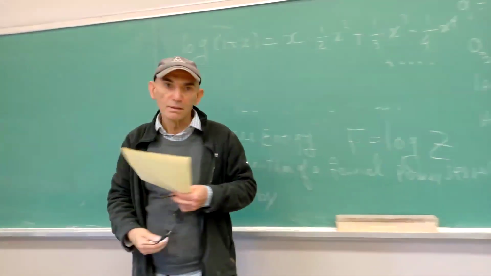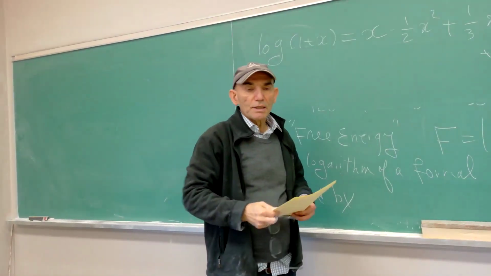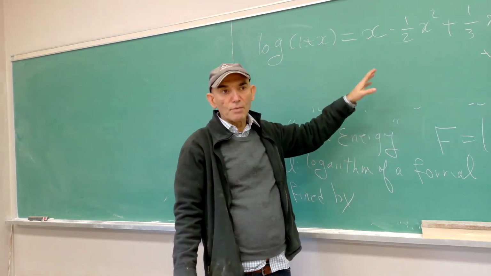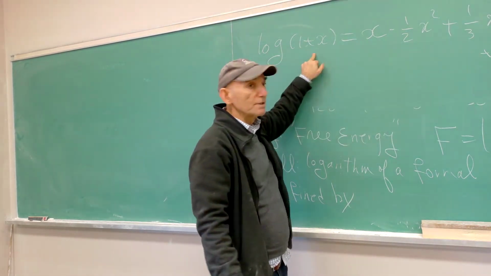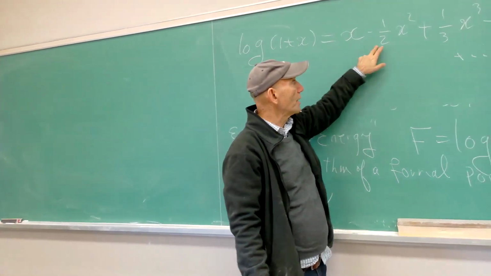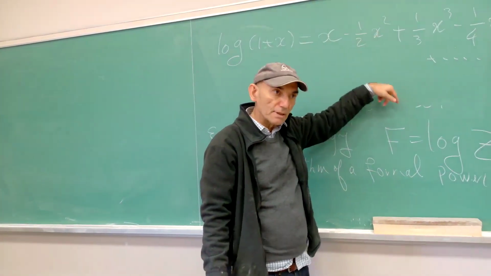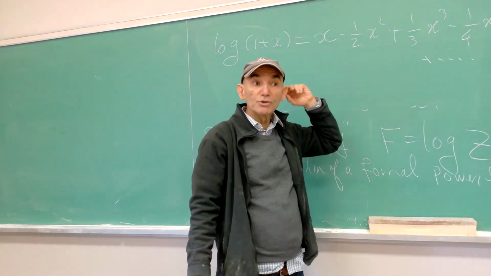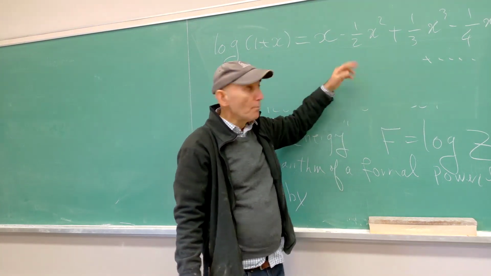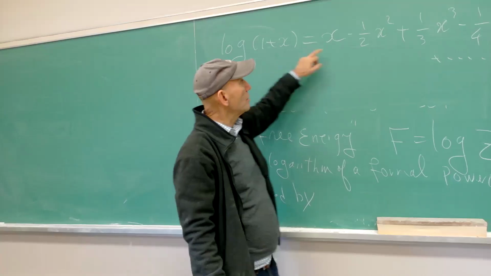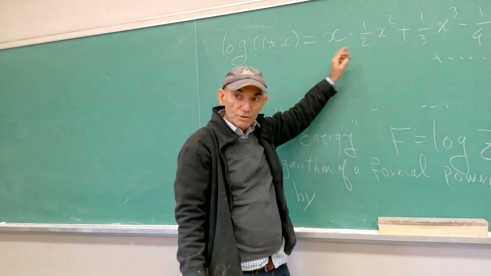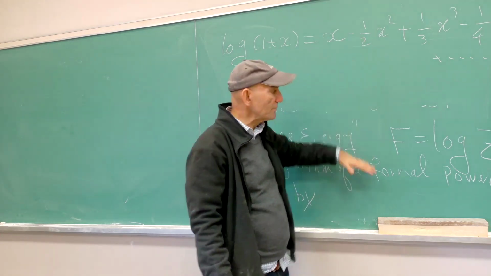If you are in doubt, you can check that the derivatives of both sides coincide and the constant terms also match. The derivative of this is 1 over 1 plus x, and the derivative of the other is 1 minus x plus, which is 1 over 1 plus x, geometric series. The constant term is also fine, because if you put x equal to 0, here you get 0, and here also you get 0. So this is calculus, and that's exactly what we use.